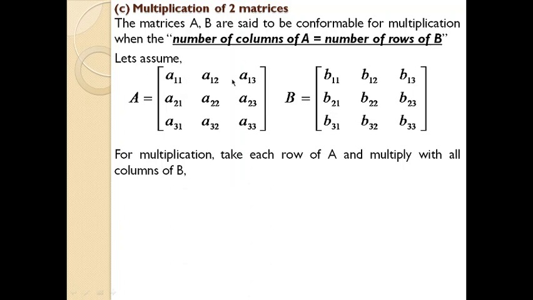Then the first row is multiplied with the second column, and again the first row is multiplied with the third column. Then the first part is over. The second part is that the second row is multiplied again with the first column, then with the second column. Likewise, you multiply each row with all the columns of the second matrix.